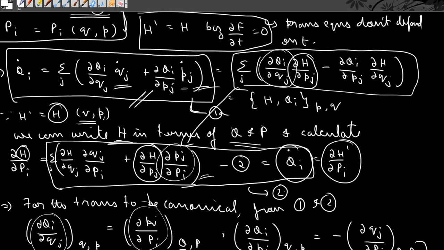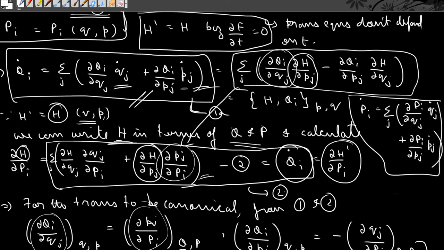Similarly, we have a relation for pi dot, equal to summation over j of dou pi by dou qj into qj dot plus dou pi by dou pj into pj dot. I am going to call this 1b.